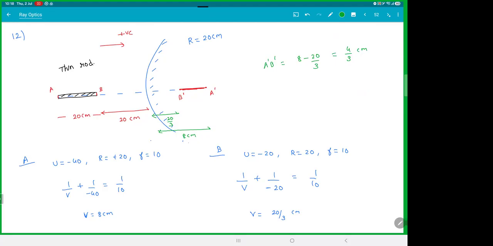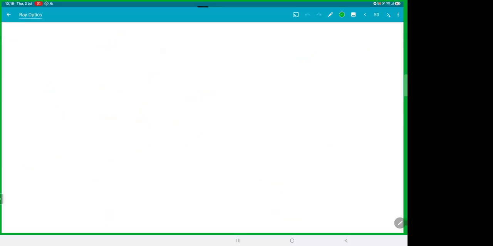What about the second part? It is 2 mm. How do you handle that? Now listen to this. Now that the image is so small, what you can do is this. 1 by u plus 1 by v is 1 by f. Differentiate it. We get minus du by u square minus dv by v square is minus df by f square.